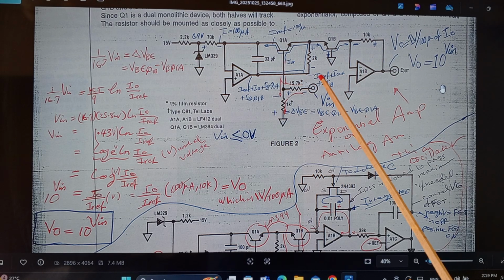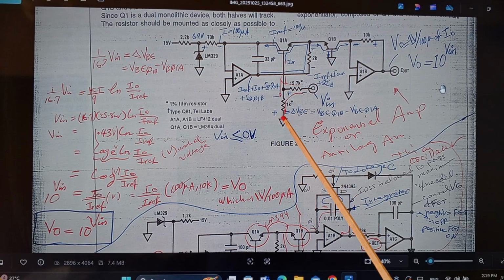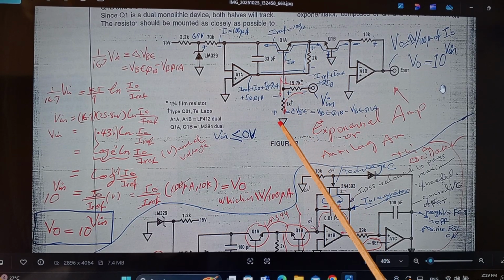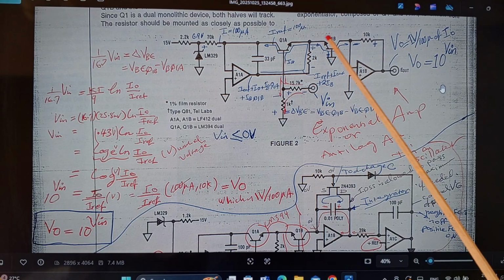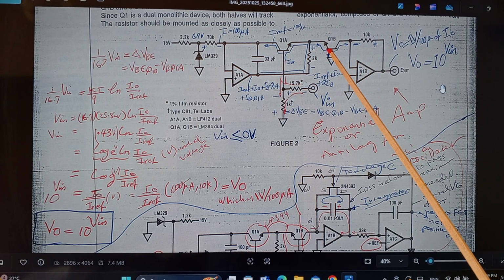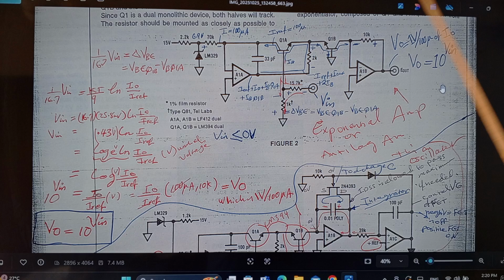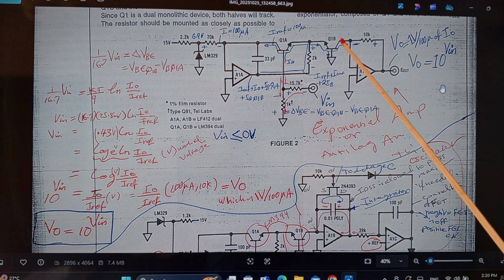So applying 0.5 volts in here will give us 30 millivolts in here, minus and positive. And like we discussed before, that means this VBE will have 30 millivolts more than that one over there.